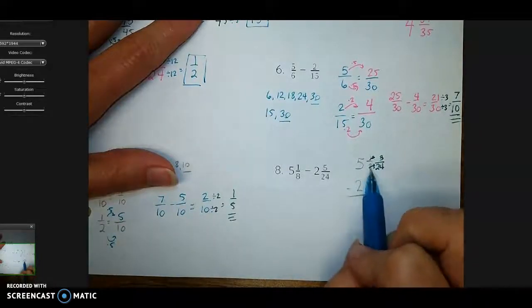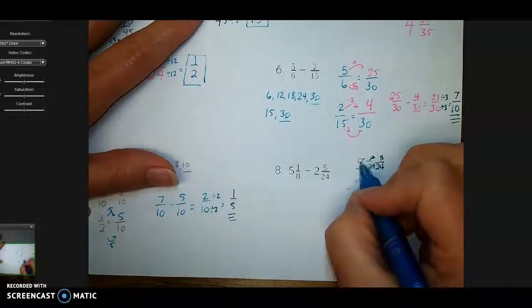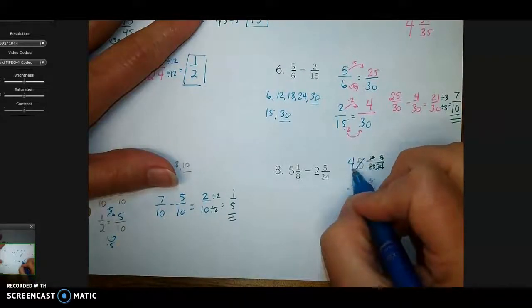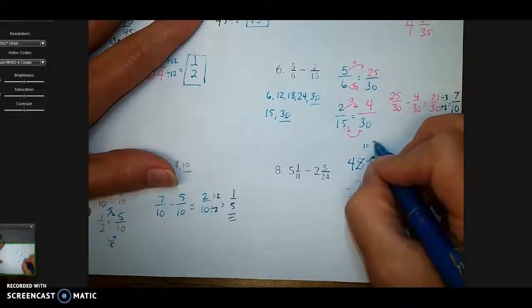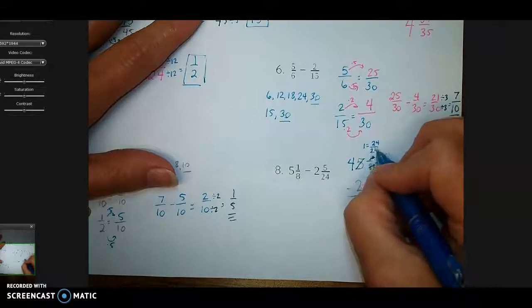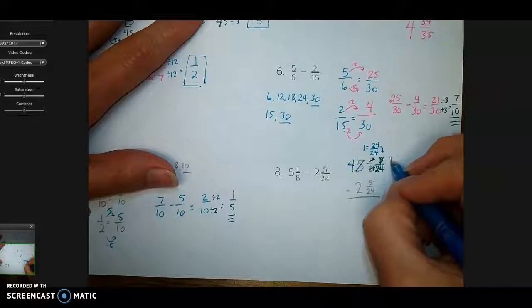Now the other thing I can do to keep from getting that negative 2 down here is that I can borrow from here. I can make this a 4. When I give 1 over here, I'm going to give that 1 in the form of 24/24. So when I add that on there, this now becomes 27/24.